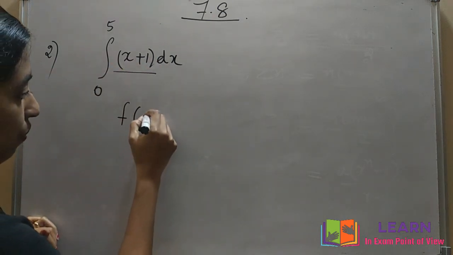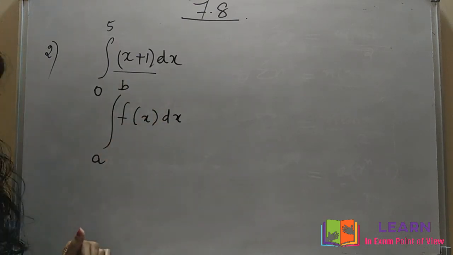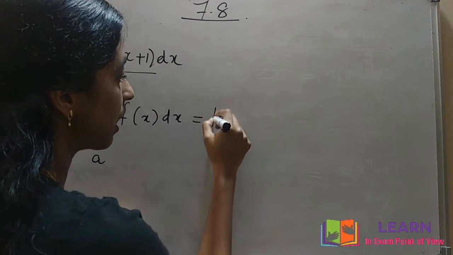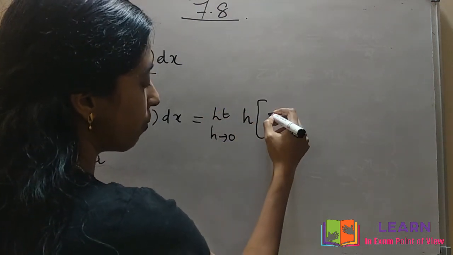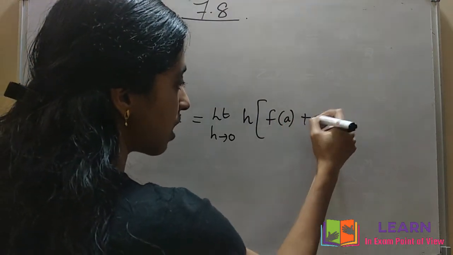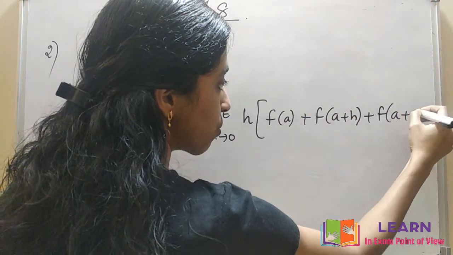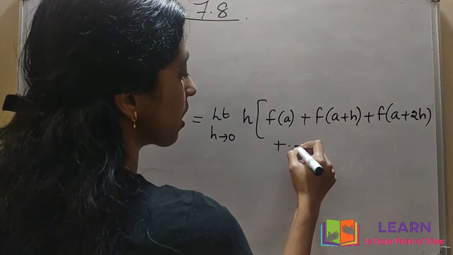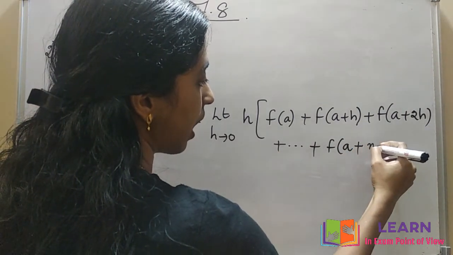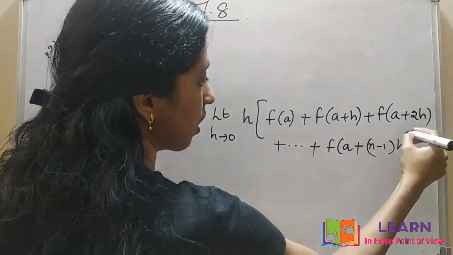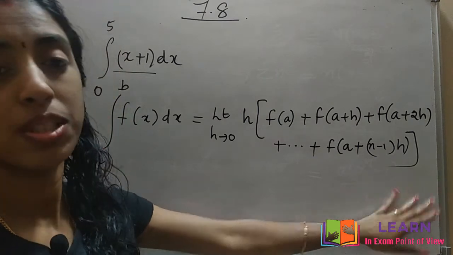If it is the integral of f of x dx within the limit a to b, generally the formula is limit h tends to 0, h into f of a plus f of a plus h plus f of a plus 2h plus etc. plus f of a plus n minus 1 into h. Like this we have to expand it. Then we have to simplify here.